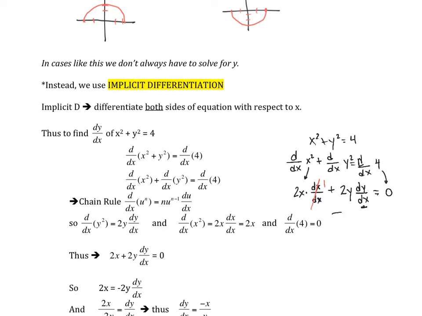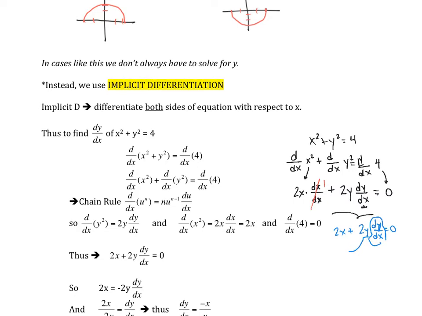So now look at what I have left. I have 2x plus 2y dy/dx equals 0. I can now isolate this dy/dx, and that's my goal.